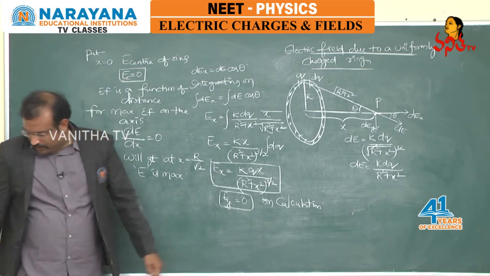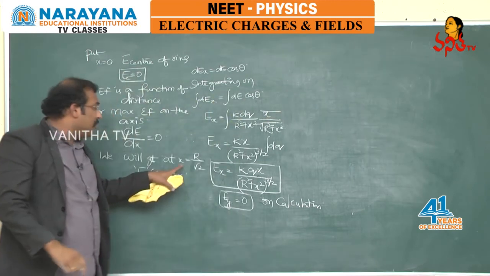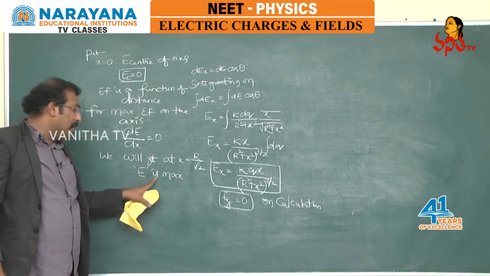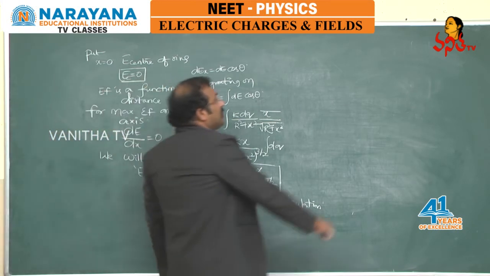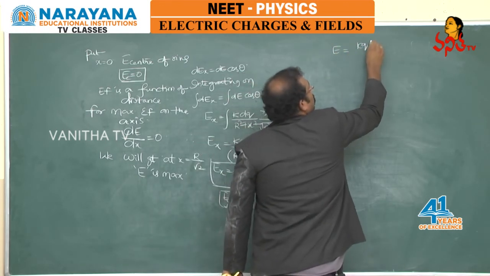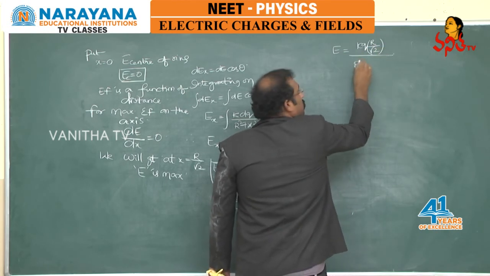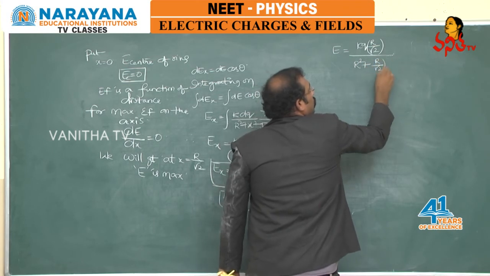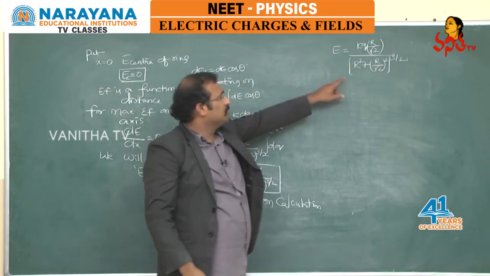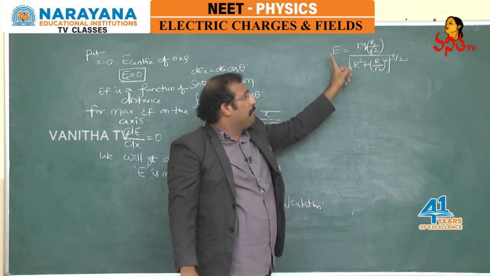The maximum value of electric field on the x-axis will be kq into r by root 2 by r square plus r by root 2 whole square, whole power 3 by 2. So if you manipulate the terms here, you will get the value of maximum electric field.